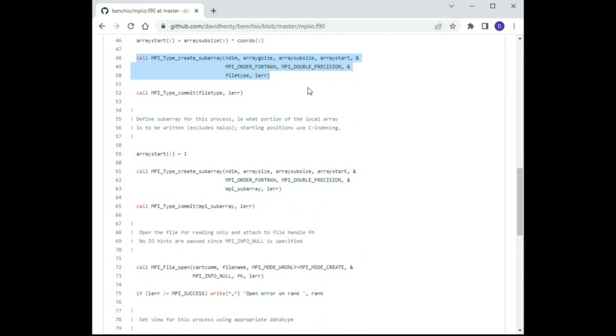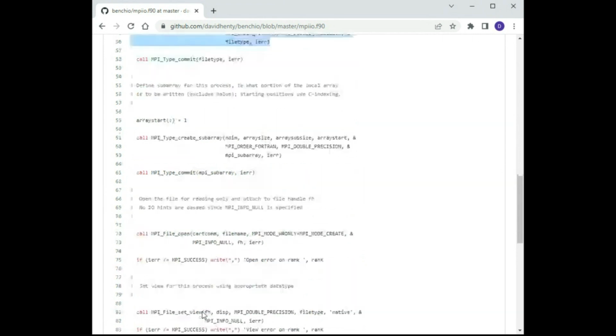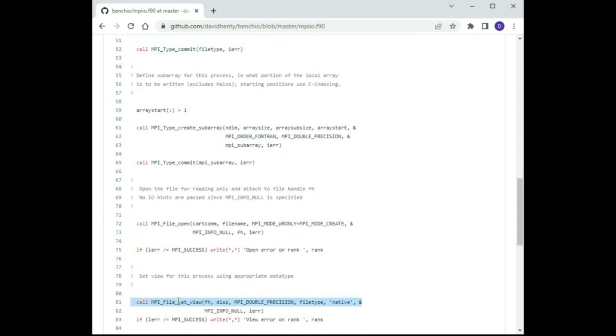So actually, parallel IO in MPI is quite simple. If you're familiar with MPI derived data types, you create a subarray which tells the IO system of this big global array, this is the subarray I own, and then you use something called MPI file set view, which tells MPI-IO I only want to write to that part of the file. So I used two data types.